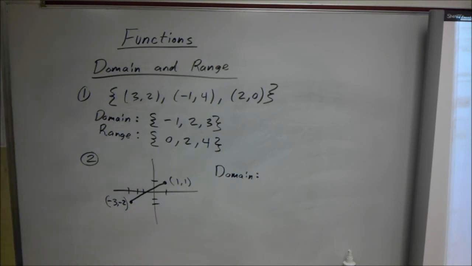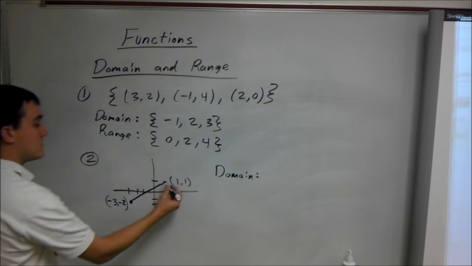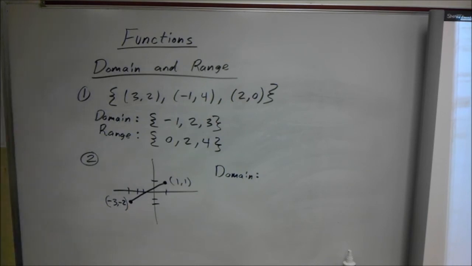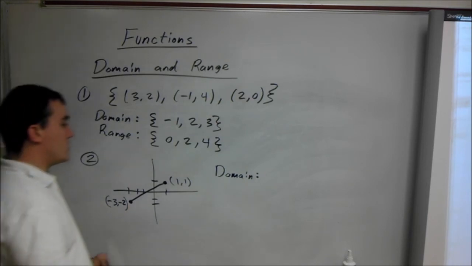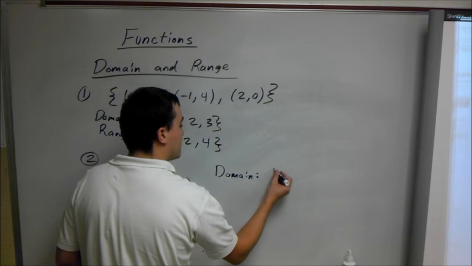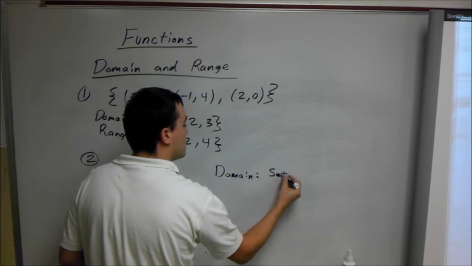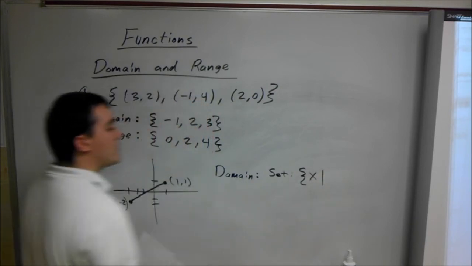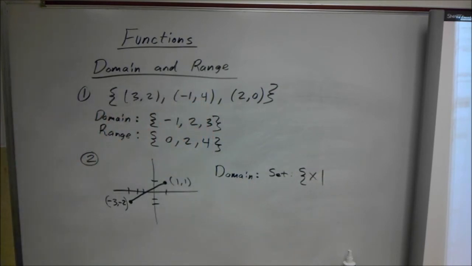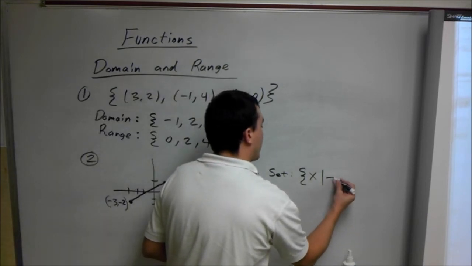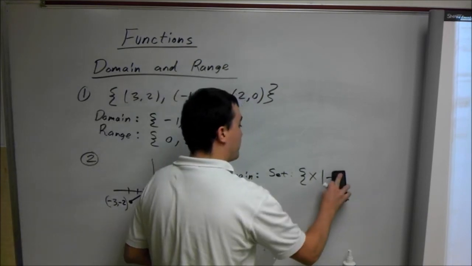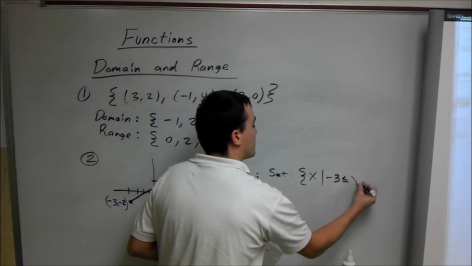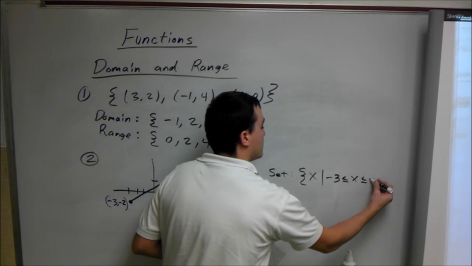There are actually a few different ways we could put this. We could either say, in set notation, set x, that bar means exists, kind of, from -3 less than or equal to x, less than or equal to 1.